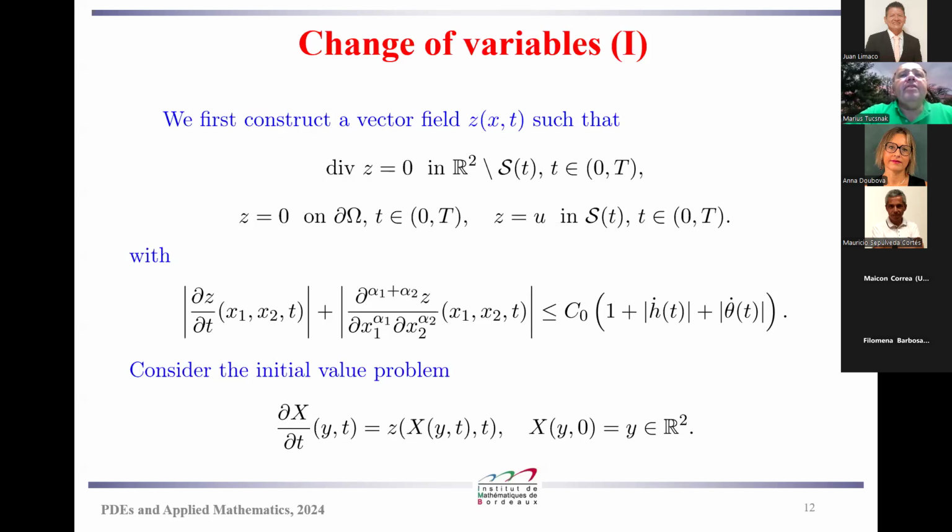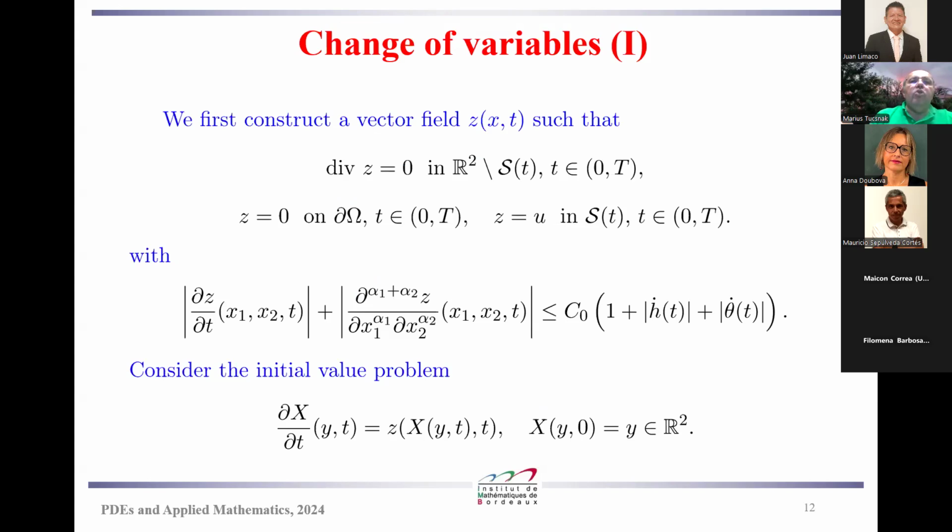Once we have done this, we construct the flow associated to this artificial velocity field, which is not the velocity field of the fluid. So we obtain in this way a change of variables capital X, which has the nice property of preserving the free divergence condition.